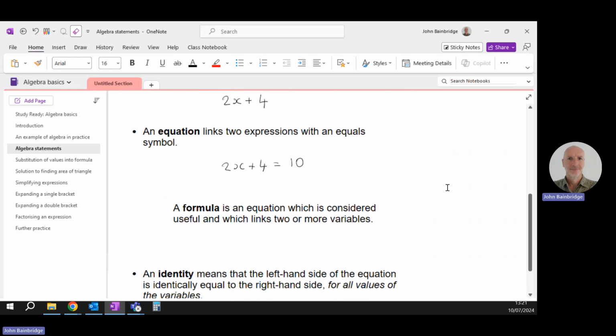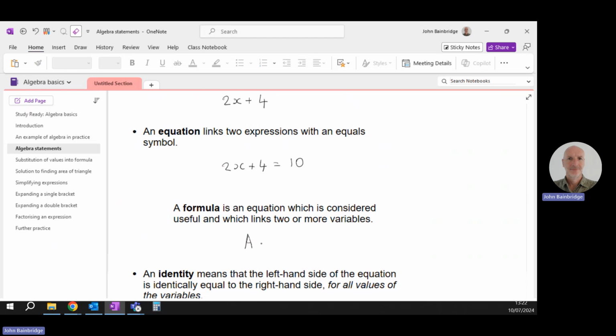Now, some equations are considered particularly useful and we use them over and over again, so we call those formula, and they're equations where we have two or more variables. An example you might be familiar with from your school days is the area of a circle.